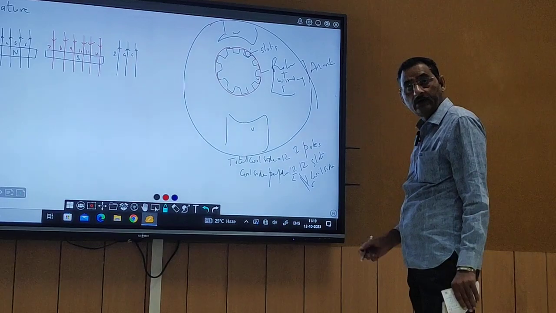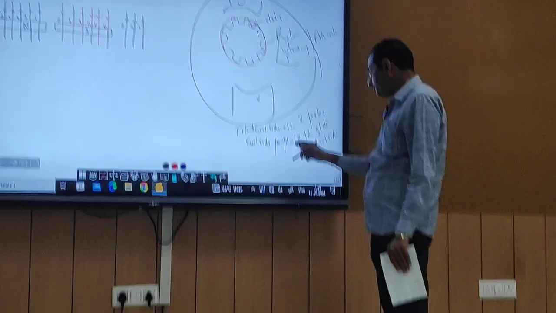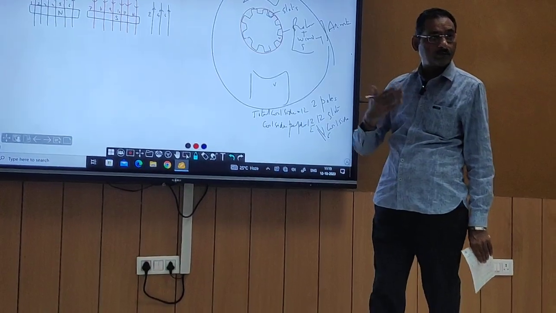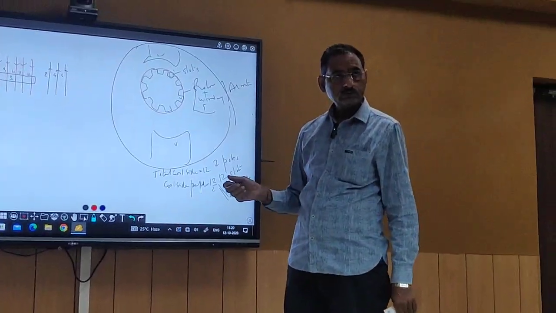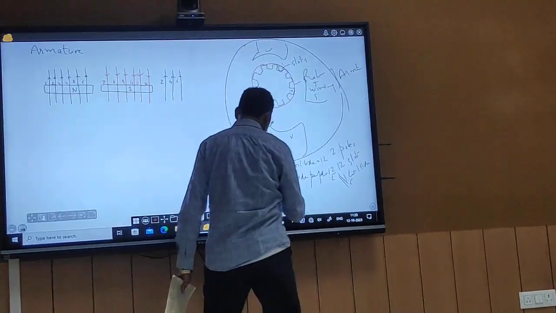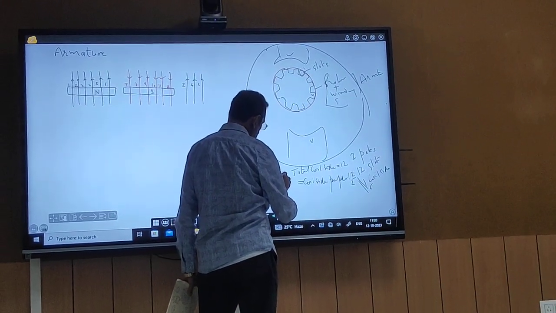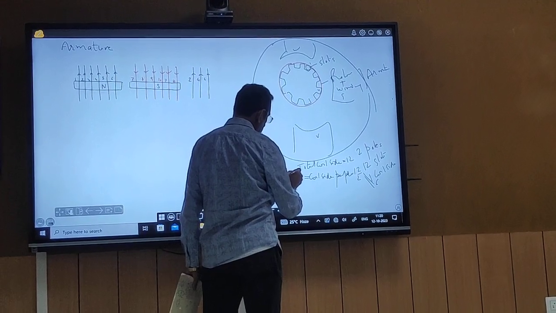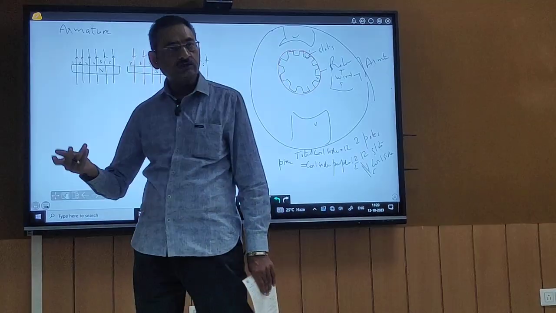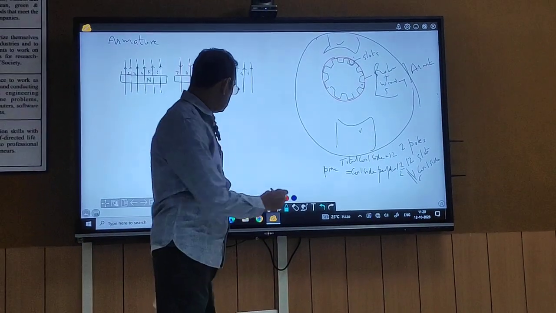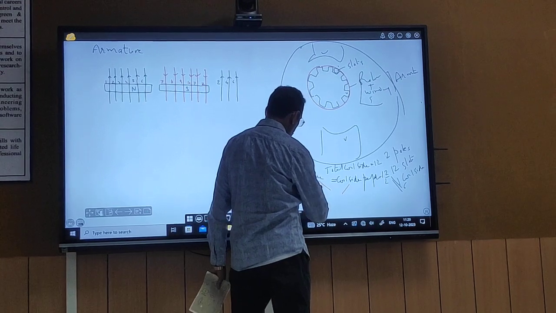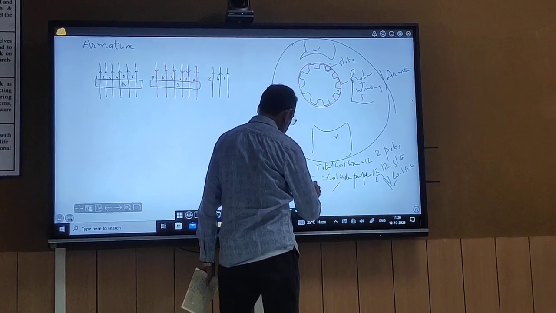Now how is winding done? Since coil sides per pole are 12 by 2 is equal to 6, this is called the pitch. And these pitches are of two types, long pitch and short pitch.